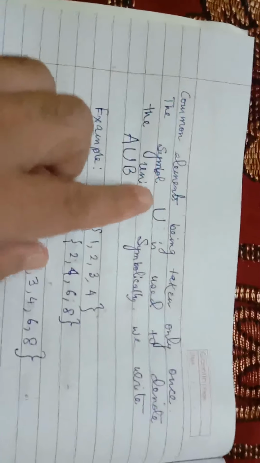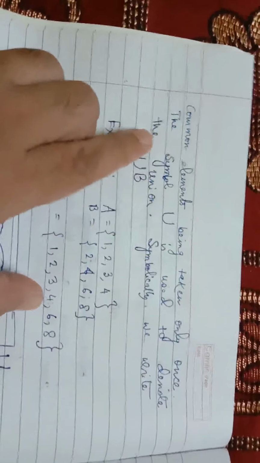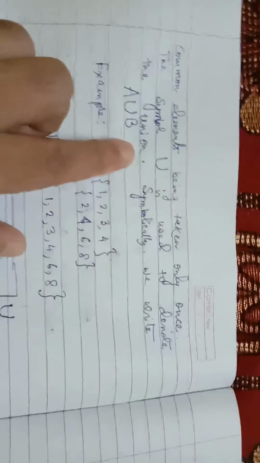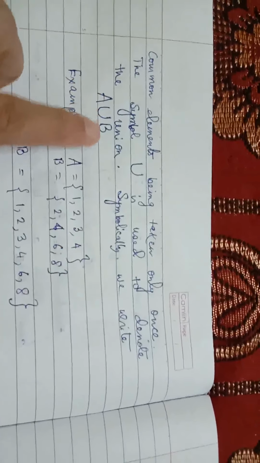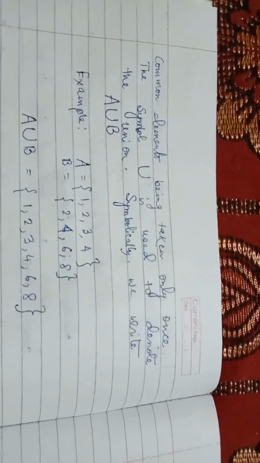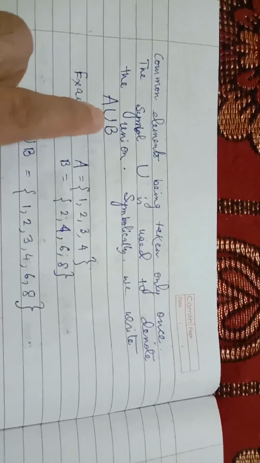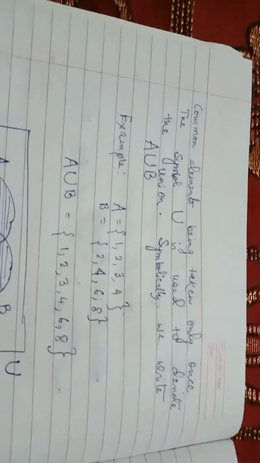The symbol ∪ is used to denote the union. Symbolically, we write A ∪ B to represent union of the sets A and B.